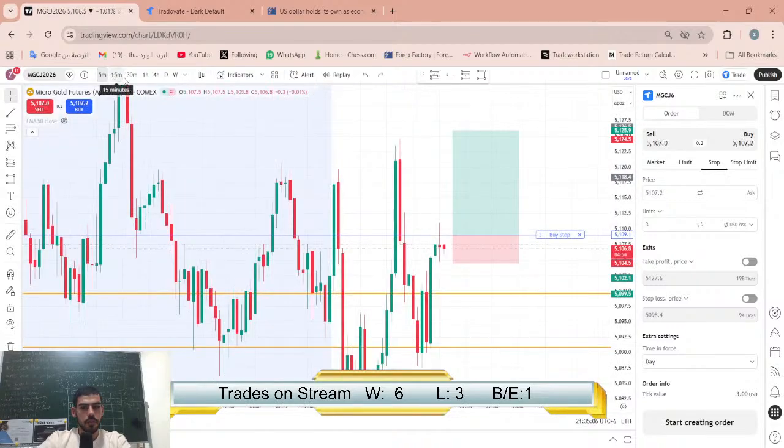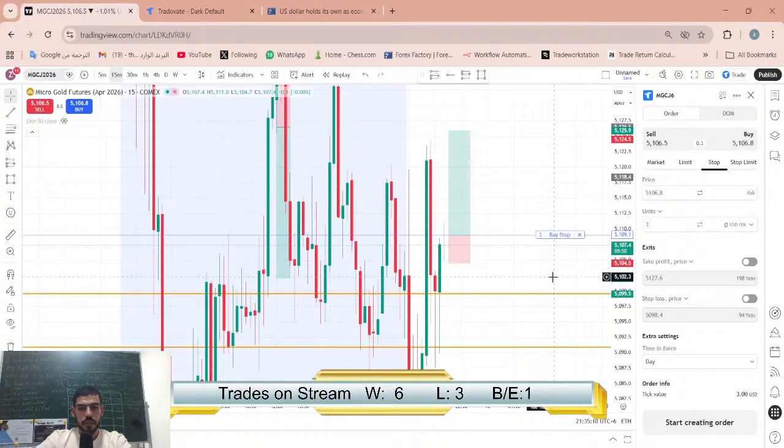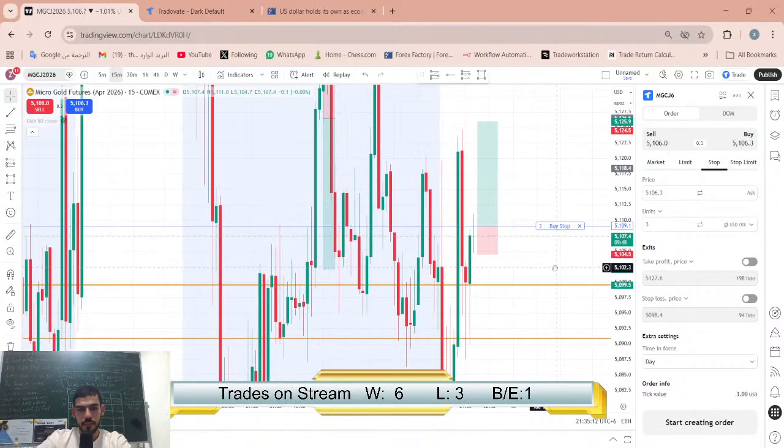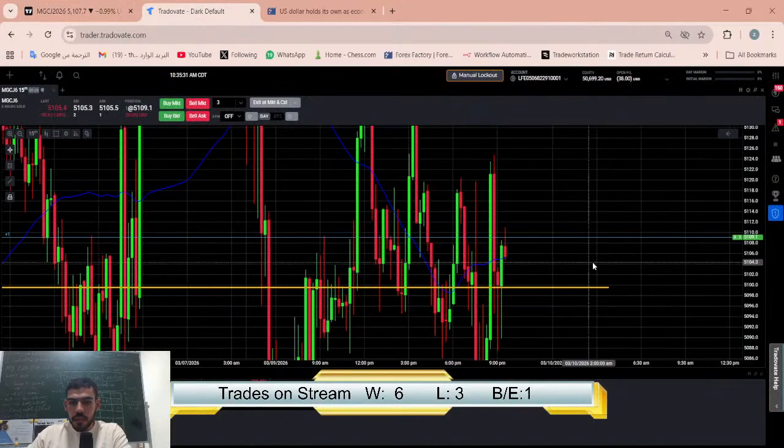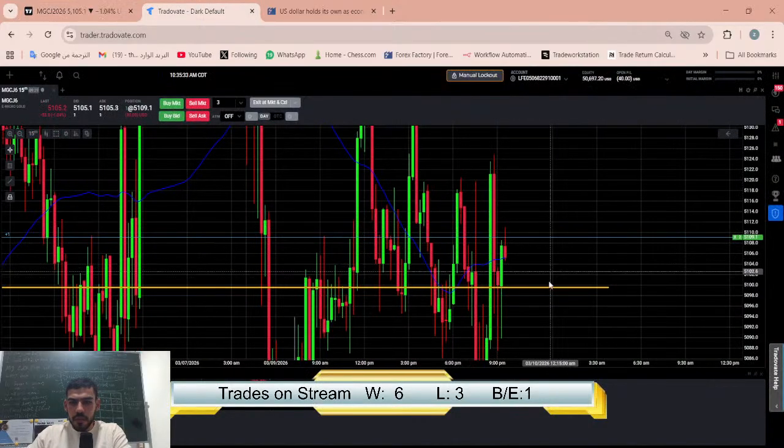Just let me check how it looks like. Okay, doesn't look the best, but let's wait and see if we will be triggered in or not. Oh, okay, so we just got triggered in, guys. We just got triggered in and it's moving to the downside.